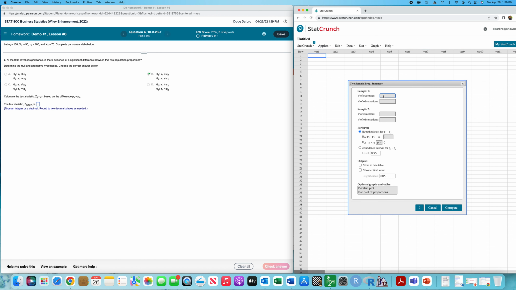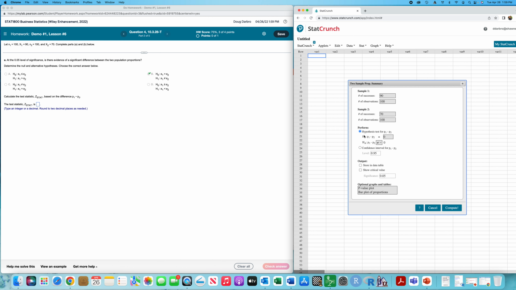So for sample one, we have 90 out of 100. Now I'm going to make a mistake here. Why can't that be true? And what's going to happen if you try to proceed that way? It's going to give you an error. The reason is the successes have to be less than or equal to the observations. I've seen students do that before and get all wigged out because they couldn't figure out what the issue was.